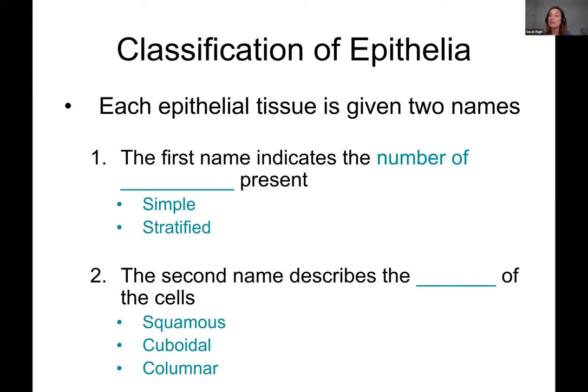Now for epithelial tissue, I think this is the easiest type of tissue to name and describe, because all you have to do is be descriptive and you got the name of it. So it always has two names. The first name is the number of layers that you're looking at. So simple just means that there's only one cell layer. Stratified means more than one.